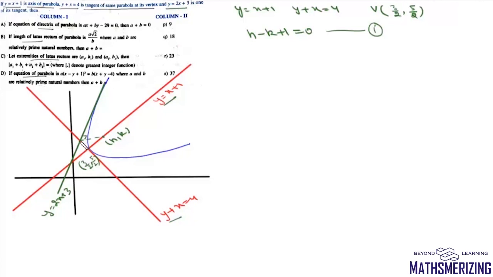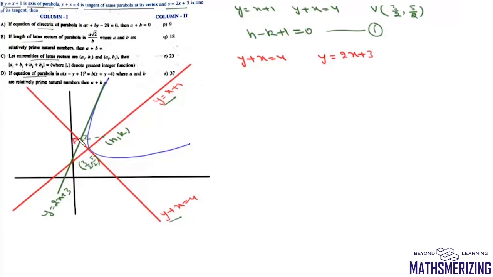So we'll first find this point of intersection, through the tangent at vertex, y plus x equals 4, and this tangent, y equals 2x plus 3. We'll replace y with 4 minus x, and we'll get x as 1 by 3.